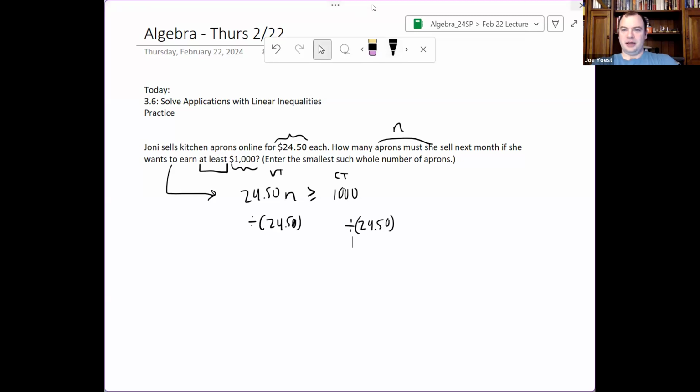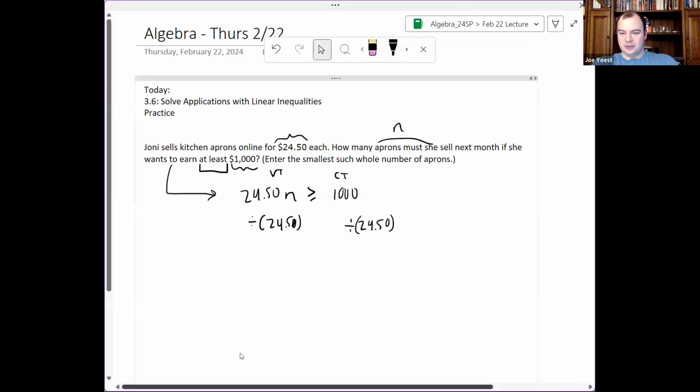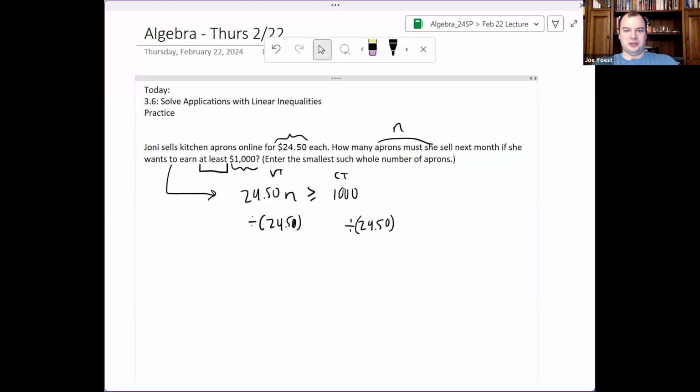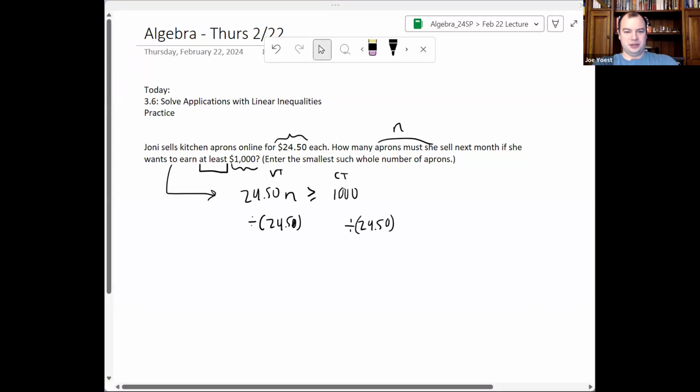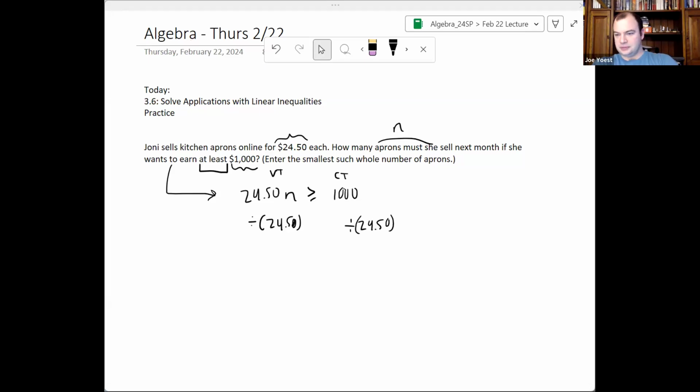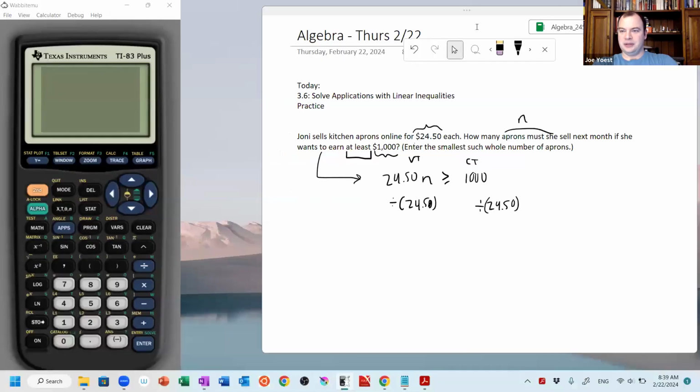And let me come over to my calculator. I have a feeling we'll be using the calculator a little more this session, so I think I will actually switch my share to include it. There we go.